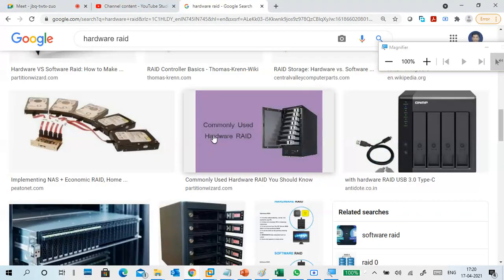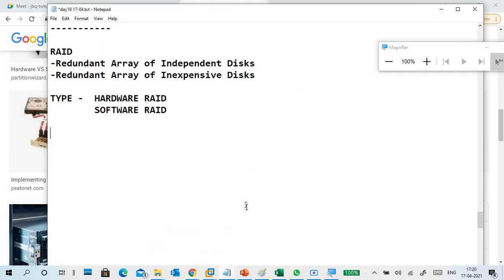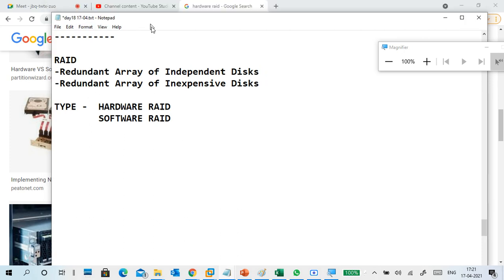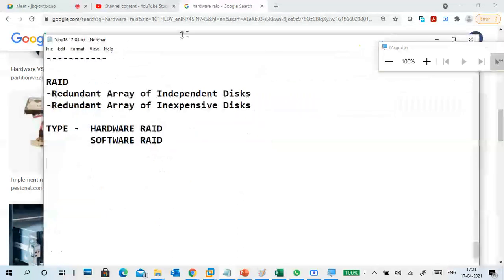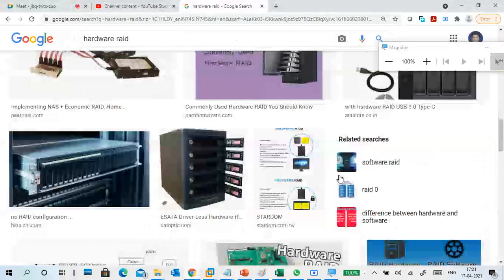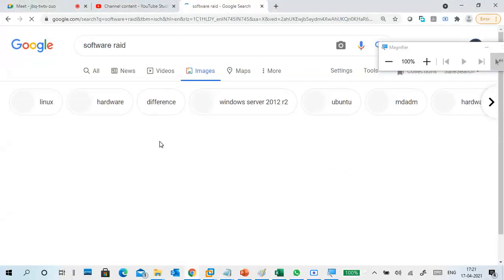Next one is software RAID. Software RAID means using some application or the operating system, we are able to create RAID levels and deal with the disks.